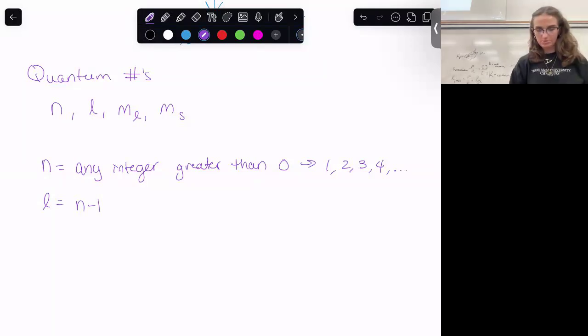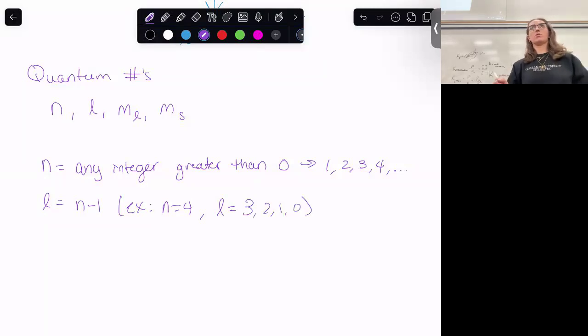So as an example, if n is equal to 4, what can L be equal to? Can L be 0 this time? Yes. So you have 3, 2, 1, 0.